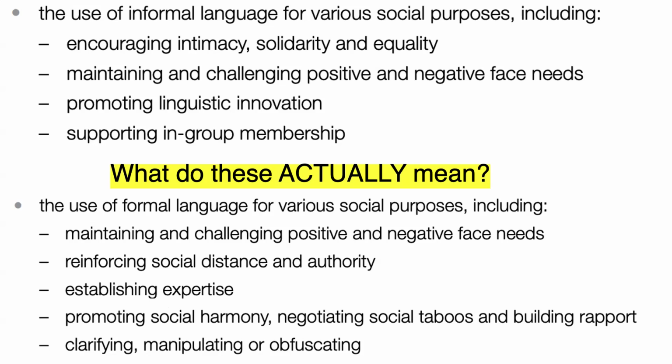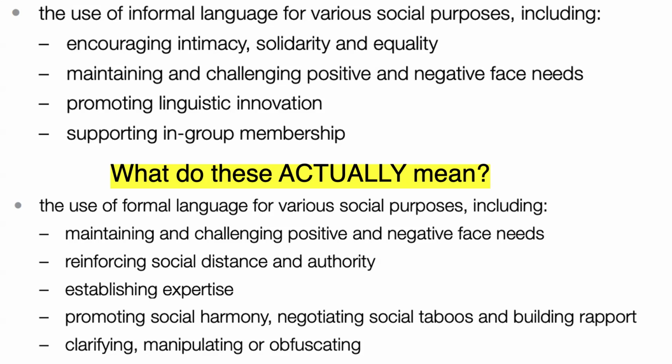So just very quickly, maintaining and challenging positive and negative face needs, right? A lot of students also get this mixed up. Negative face needs are your needs for privacy, autonomy, freedom as such, and things like freedom of speech, freedom of choice, which fall under autonomy. And it's very much about not imposing on someone's personal space, right?